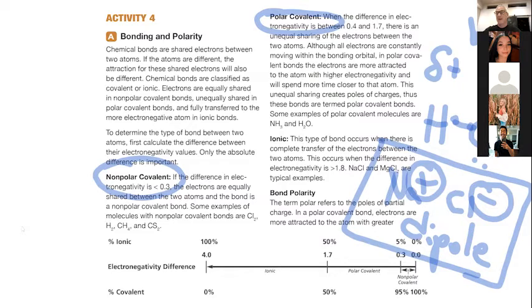Electronegativity. Bingo. Yeah, the difference in electronegativity. So basically, the bigger the difference in electronegativity, the bigger the dipole.